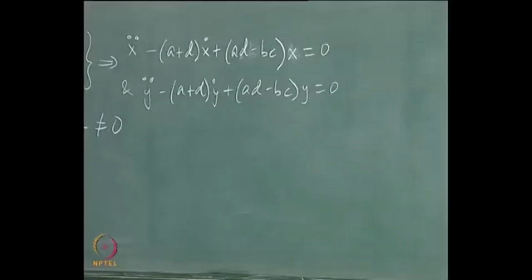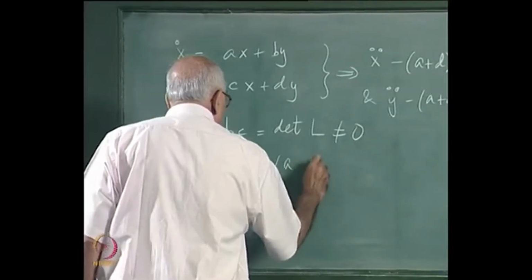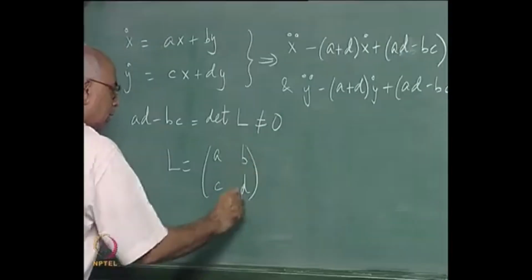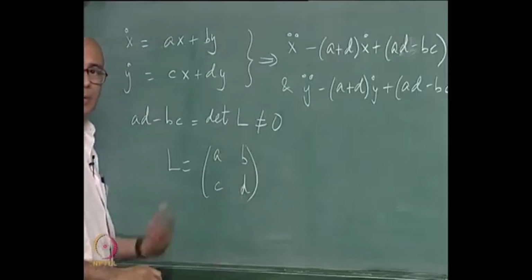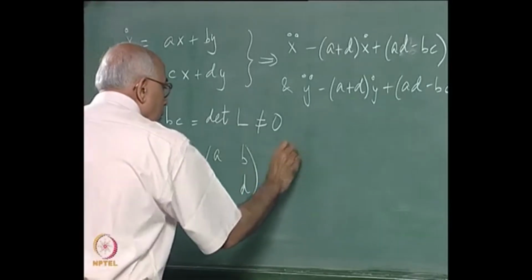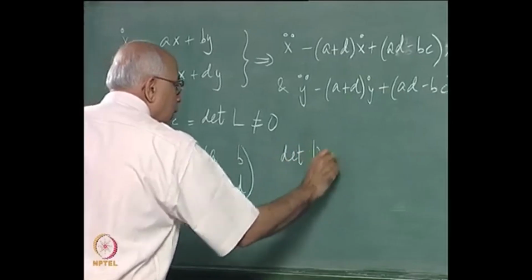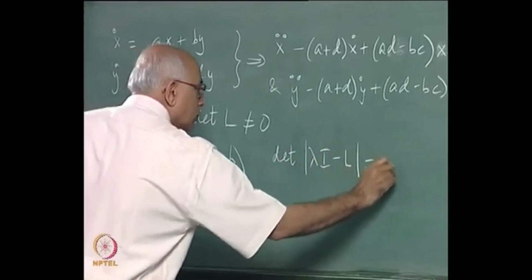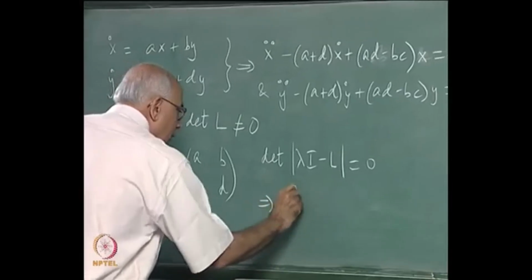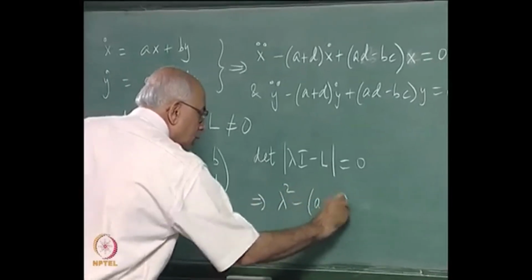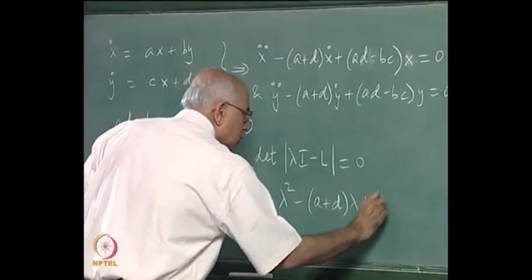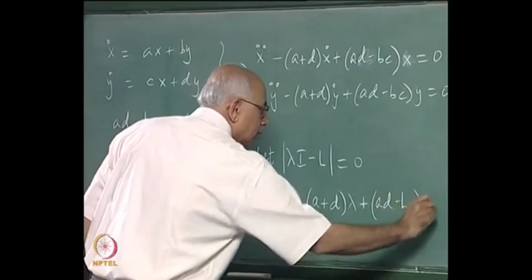And now we are going to analyze the stability or otherwise of this set of equations depending on what the eigenvalues of L look like. Notice immediately that if you have a matrix L, A B C D, whose eigenvalues are lambda 1 and lambda 2, then we find the eigenvalues by writing determinant of lambda times I minus L equal to 0, which implies lambda squared minus (A plus D) lambda plus AD minus BC equal to 0.